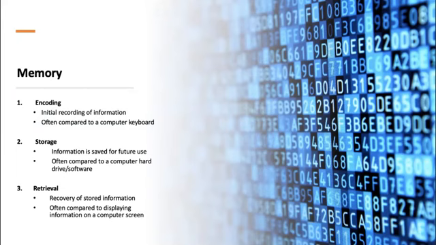You can't pull the file up because you either didn't type out the correct information or you didn't save it correctly. So, all three of these processes are necessary in order to recall that information from memory. If a step is missed, you won't be successful in recalling a memory.